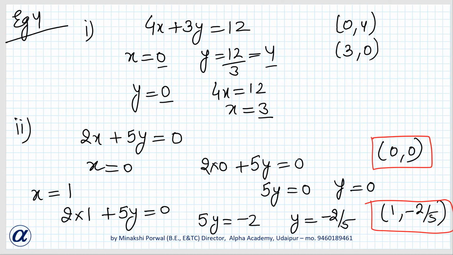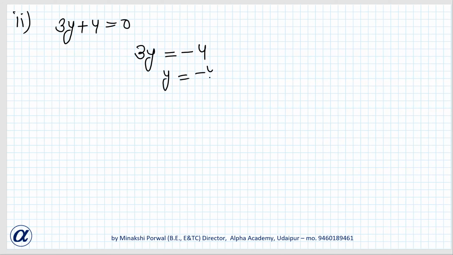Okay. Yes, ma'am. Next part, 3y plus 4 equals to 0. Find 2 solutions of this one also. In this type of question where there is no x, what we'll do? We'll find the value of y. Y is minus 4 by 3.